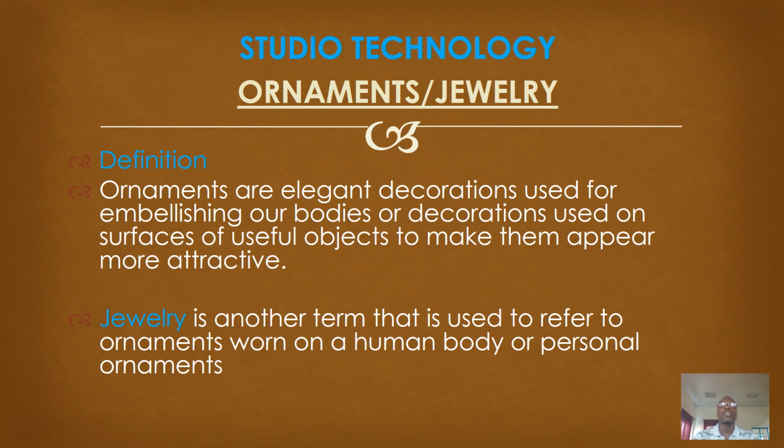We can say ornaments are the elegant decorations used for embellishing our bodies or decoration of surfaces and objects to make them appear more attractive. Likewise, jewelry is another term that is used to refer to ornaments worn by humans for personal ornament.